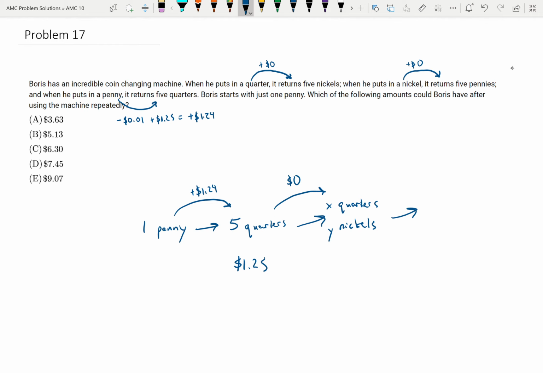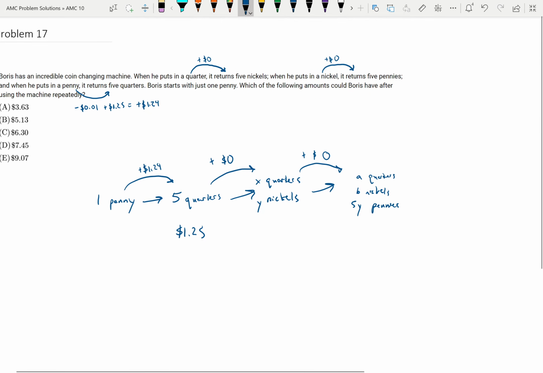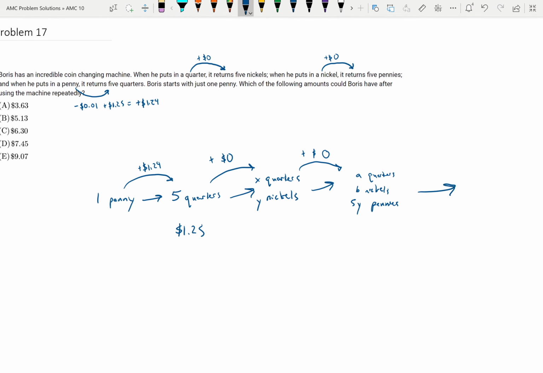Money's going up 0 here. And then here, let's say he has some A quarters and B nickels, and then he's going to have 5Y pennies. So from here, he has a choice of how many pennies he wants to put in.